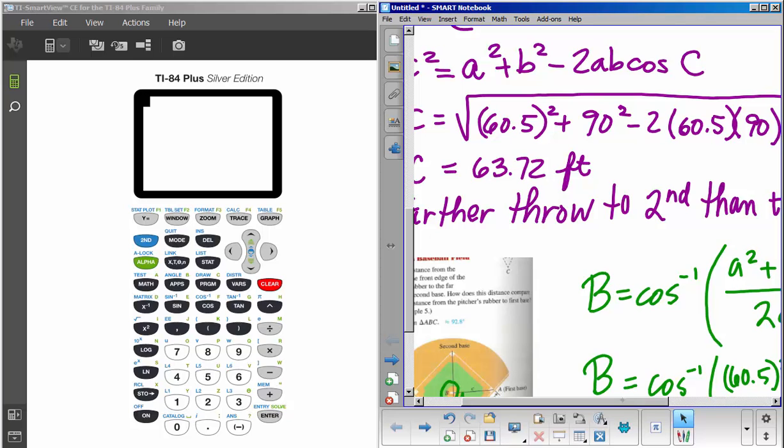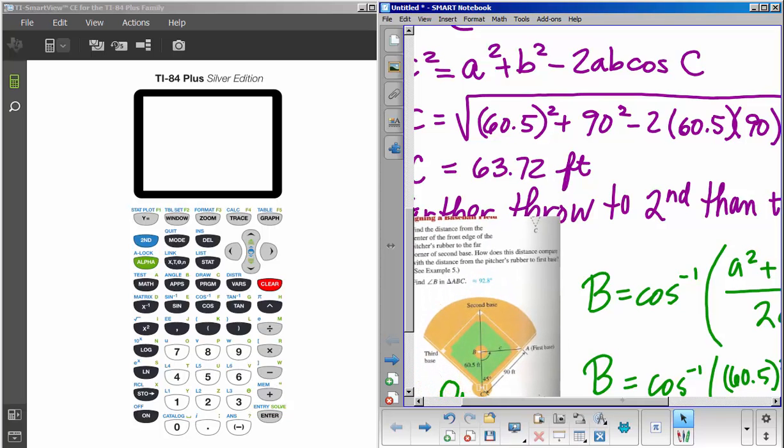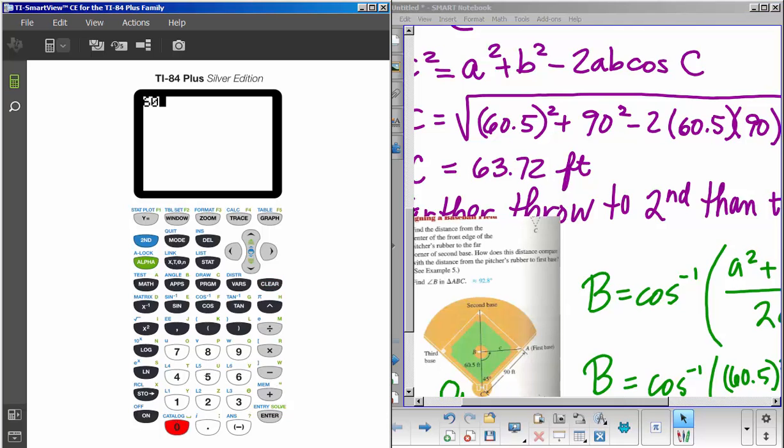Okay, so do we know what the values are for A here? 60.5, and I'm going to store this in alpha A, okay? And what is the length for B? 90. So I'm going to store 90 in alpha B.